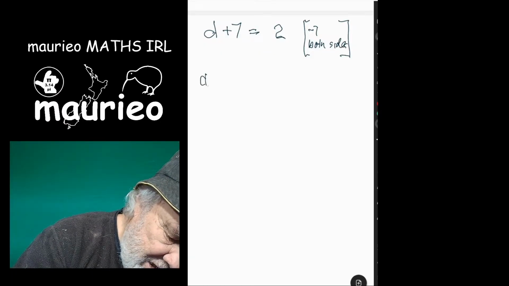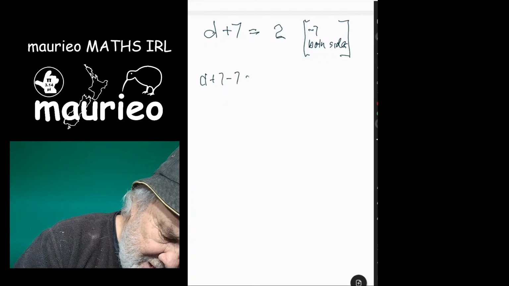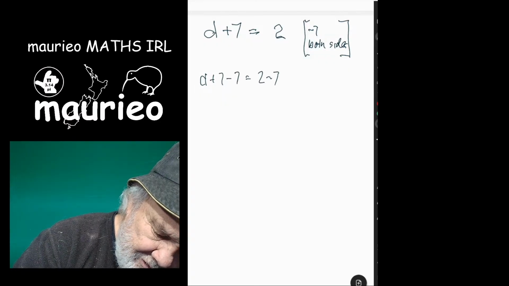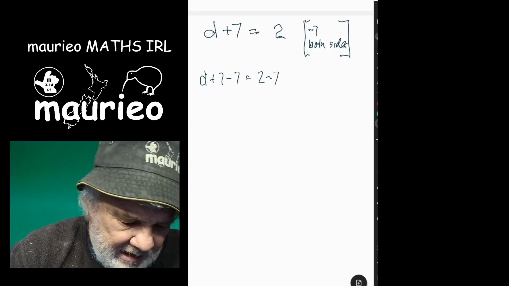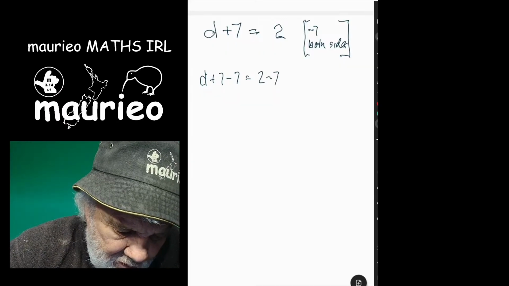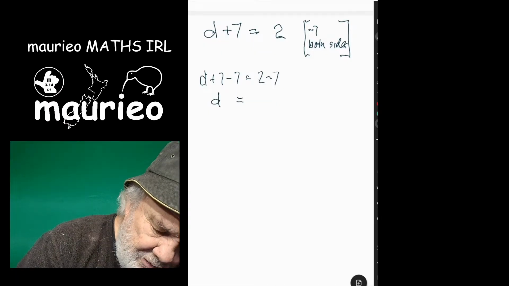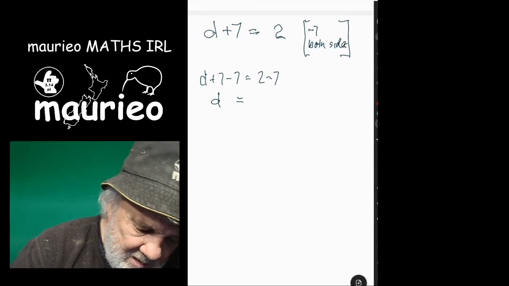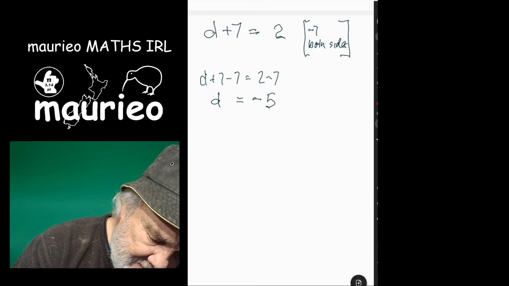So we get D plus 7 minus 7 equals 2 minus 7. So that's D equals 2 minus 7, and that equals minus 5.